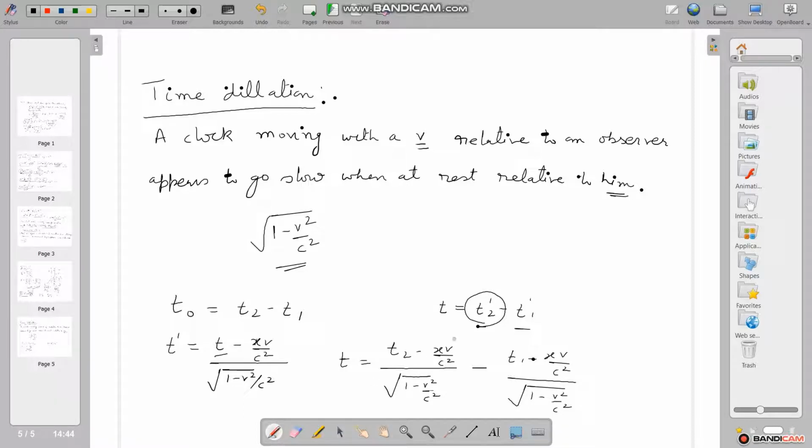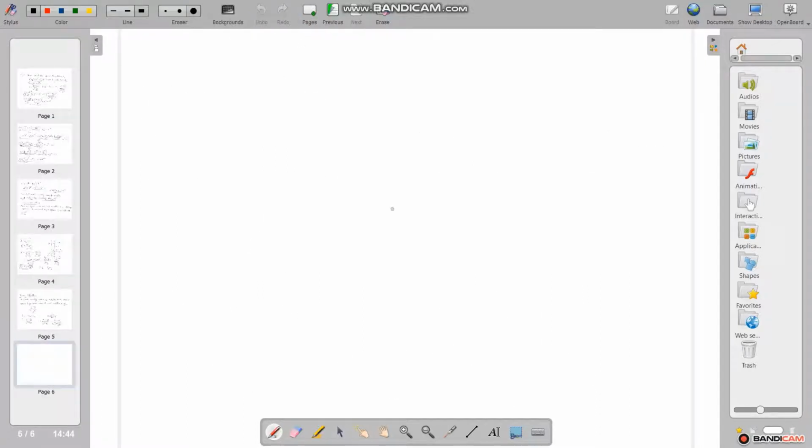This is t2 dash and this is t1 dash, and now t is t2 minus xv upon c square minus t1 plus xv upon c square, upon under root 1 minus v square upon c square.